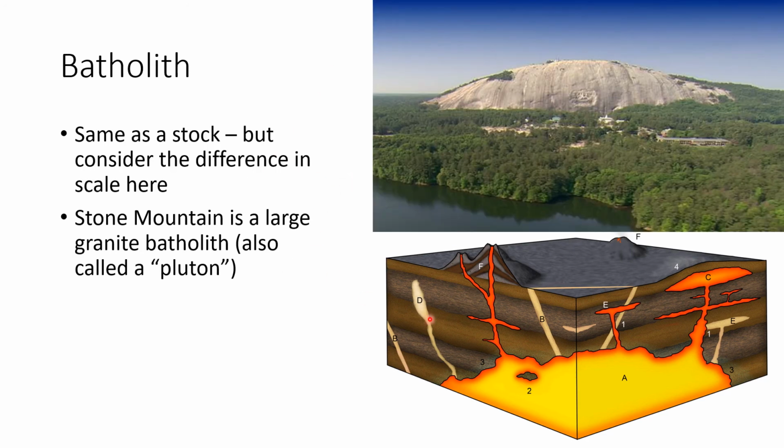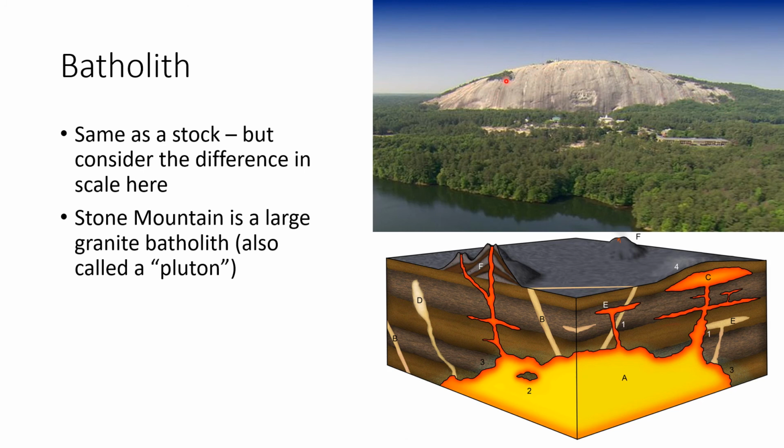Okay, and now you have the same idea with the same shape down here, not even labeled differently on the diagram, but look at the scale difference. If you notice right there, that's your carving on the front of Stone Mountain down near Atlanta. So this giant, as opposed to that stock in the last picture, right? This giant piece here, same sort of shape.